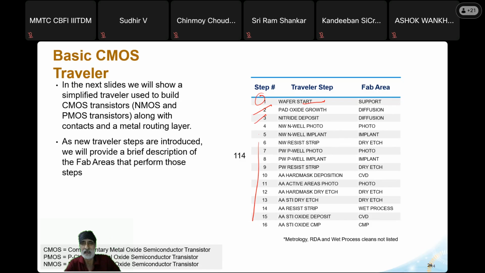And like here, it's written pad oxide growth. You have to grow an oxide, and that information will be there. It's a step under diffusion. It will go to the diffusion area, and then there will be a recipe: whether it's wet oxidation or dry oxidation, whether it's oxygen only or oxygen plus water, what temperature, what pressure, how much time.